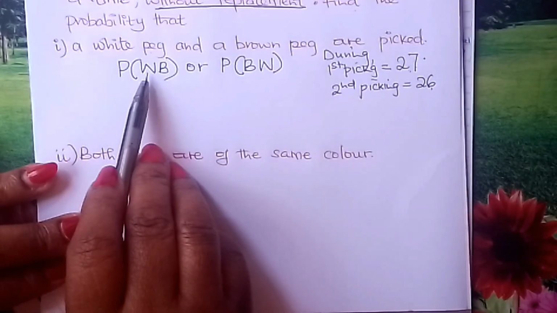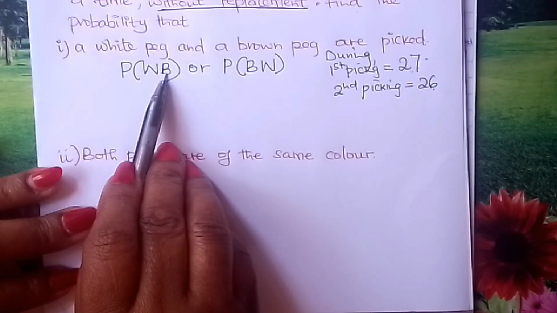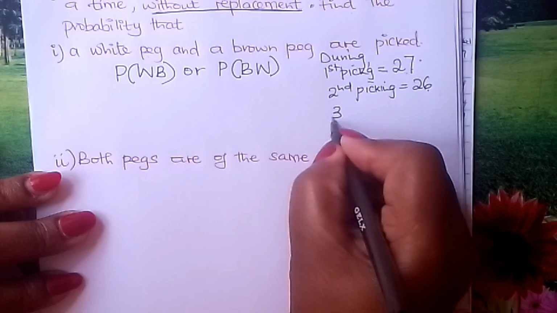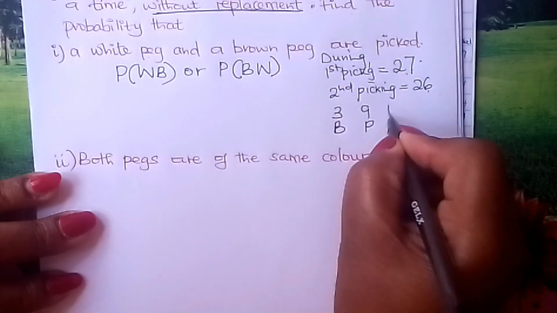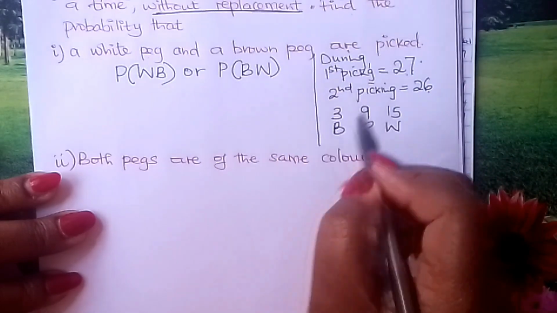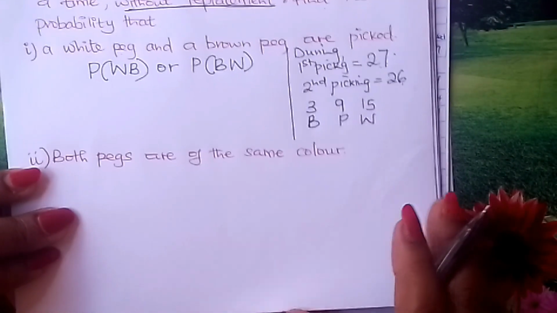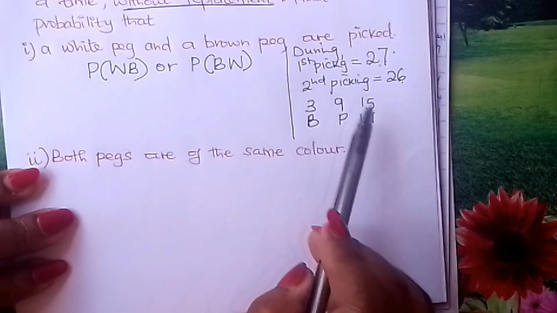What is the probability of picking a white and a brown? Maybe I can write this again: 3 brown, 9 pink, 15 white. Let me write it there so that we are able to connect. So, probability of picking a white and a brown.